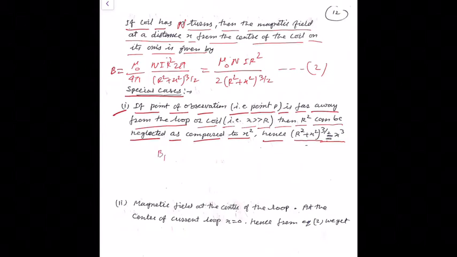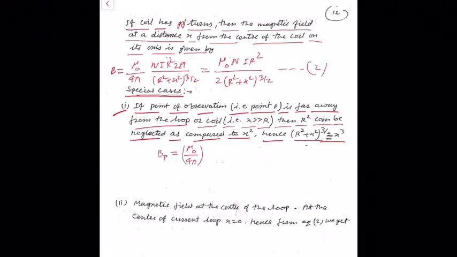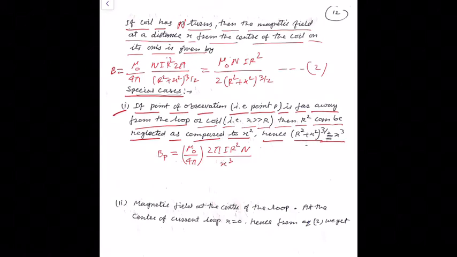Then equation 2 becomes BP, means magnetic field at point P, is equal to mu naught upon 4 pi 2 pi I R square n upon x cube.